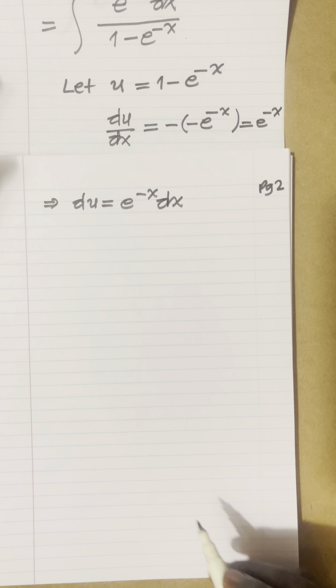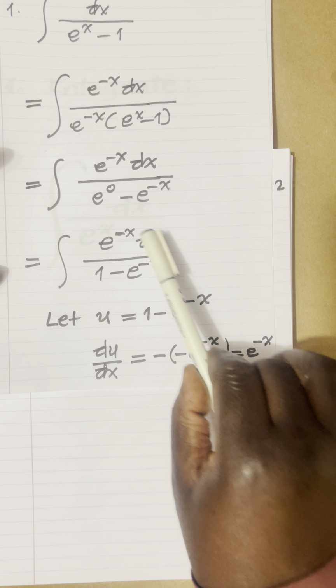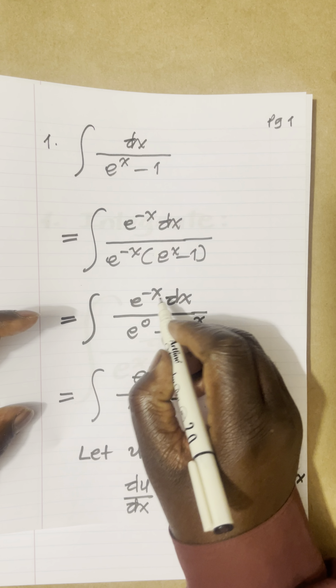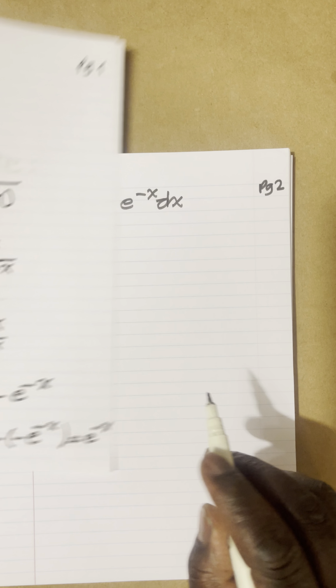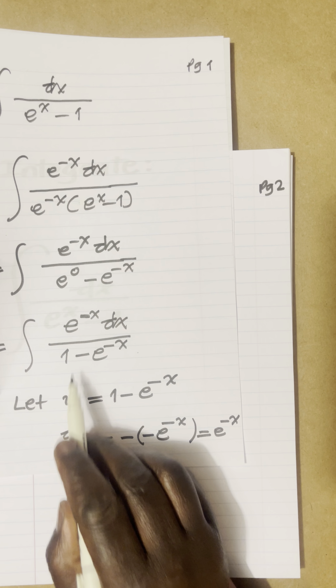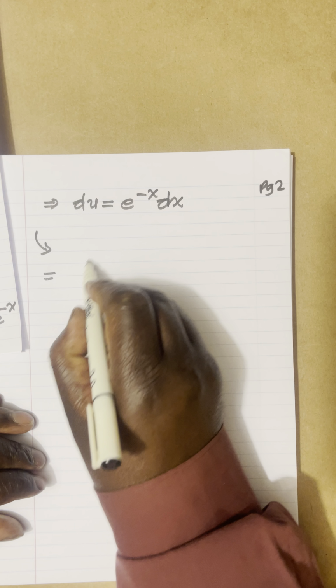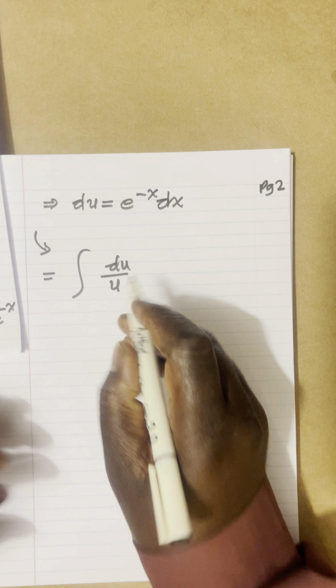Now if you check in the numerator of our integral here, we have e to the power minus x dx, and that's what we have here, and the answer is du. So we are going to replace this expression by du, and in the denominator we just have u. So we're basically saying that the integral changes to the integral of du all over u.